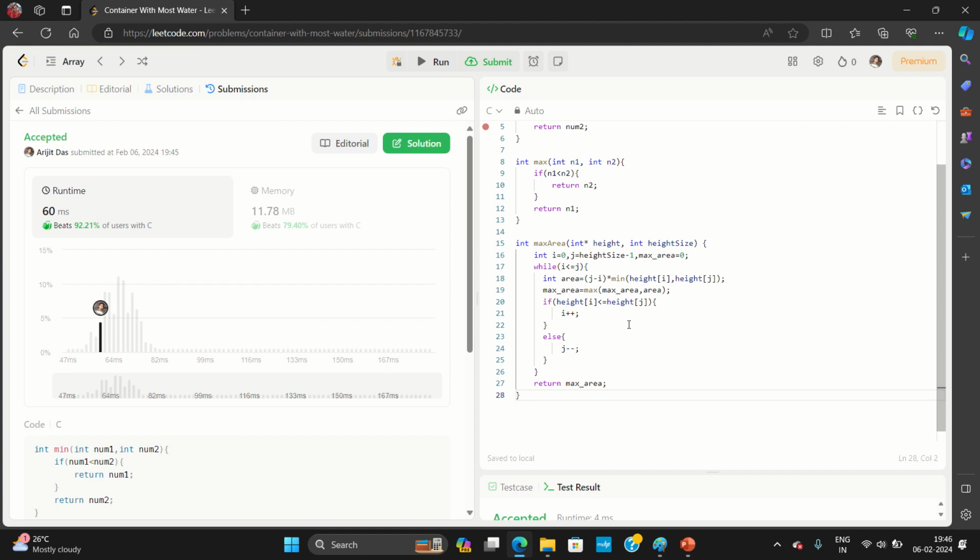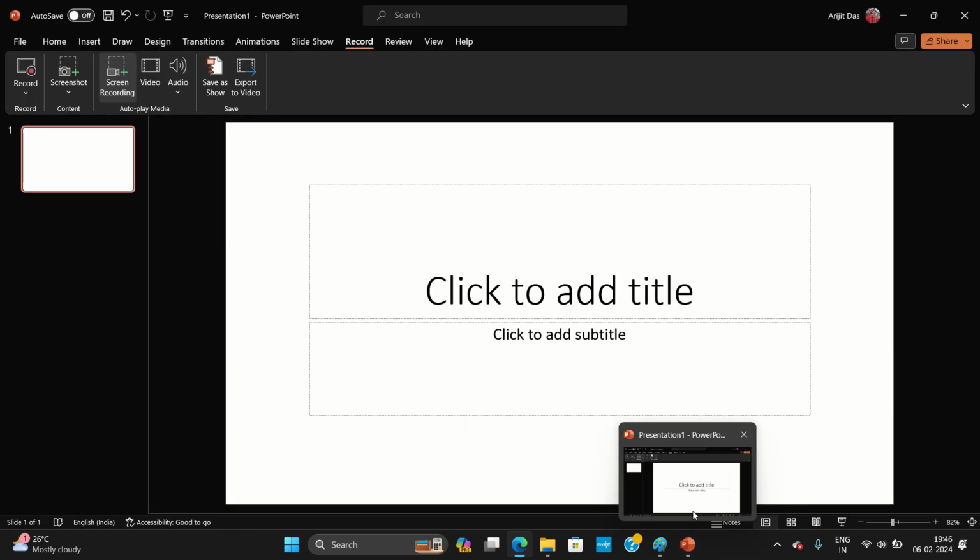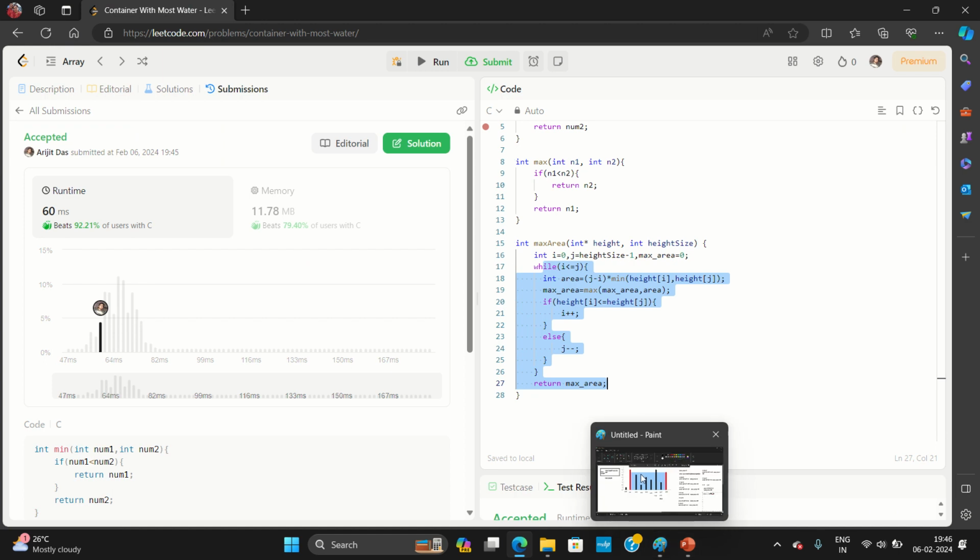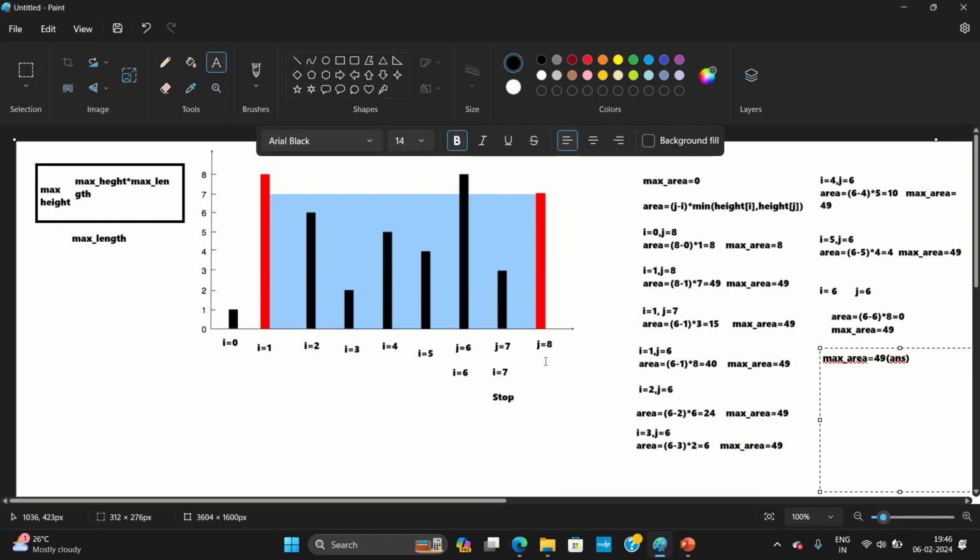The time complexity of this code: it has only one loop that goes from 0 to n at max, if the array size is very big. If it doesn't find a better height, say j is at the last index and pointer j has the highest height, then every time pointer i will be moving.